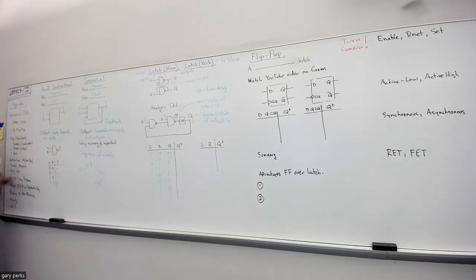Also, we talked about how if you connect the inputs of any gate together, it's going to make the inputs the same value. So if we connect these NAND gate inputs together, we're either in the top row where we have zeros going in and a one coming out, or the bottom row where ones are going in and a zero is coming out. So the NAND gate can act like an inverter if you connect the inputs together.